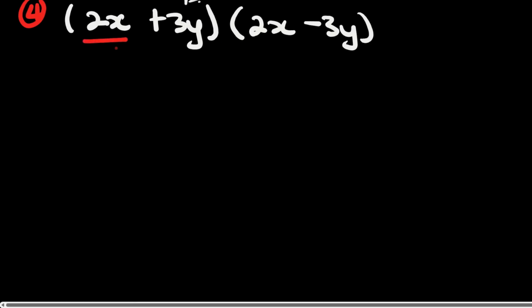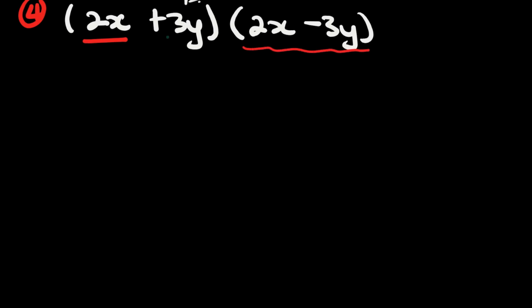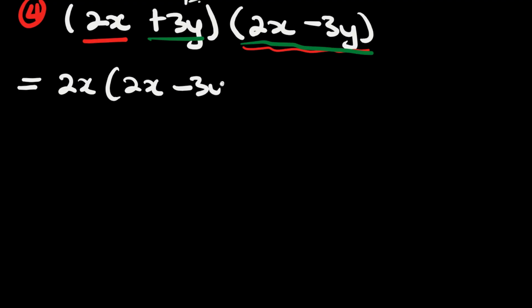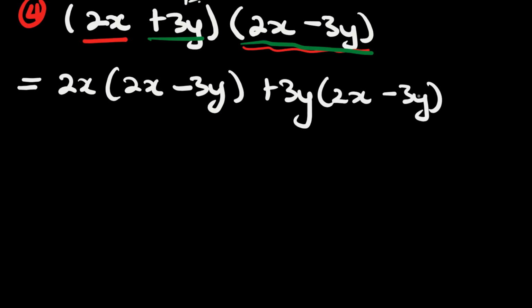This part has to multiply this whole bracket, and this part is to multiply this whole bracket again. So it's 2x in bracket 2x minus 3y, plus 3y in bracket 2x minus 3y.